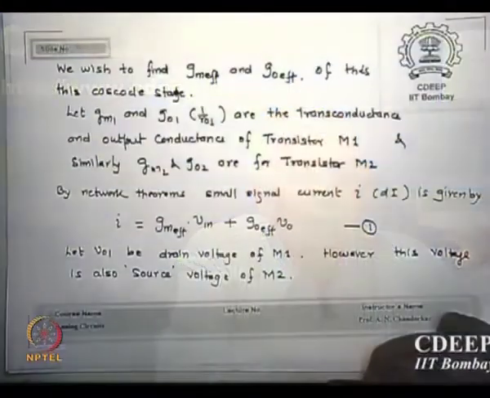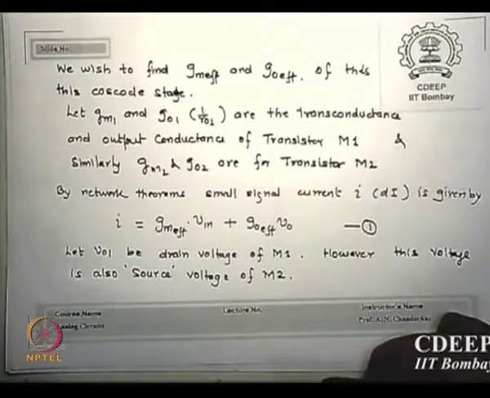This is why cascodes are used. Where do you use cascodes? Where you want gain boosting, okay, without losing the bandwidth. Here, we wish to find GM effective and RO. I had a tendency earlier, of course this is my old paper, to use R instead of conductance.